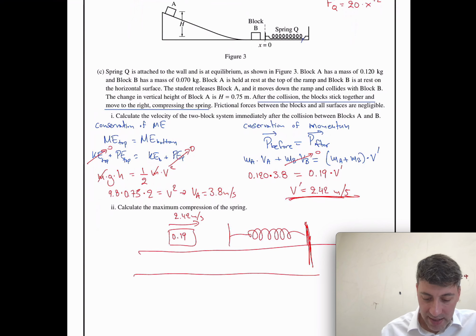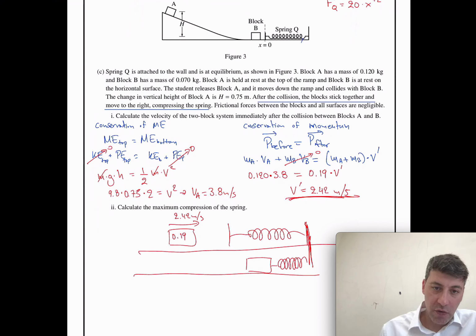Obviously, right after the collision, this spring will be compressed. This is what we need to find, the compressed distance. And the maximum compression for the spring happens when the velocity of the objects becomes 0.